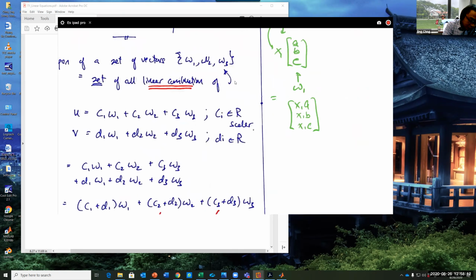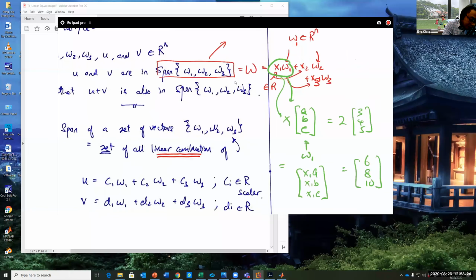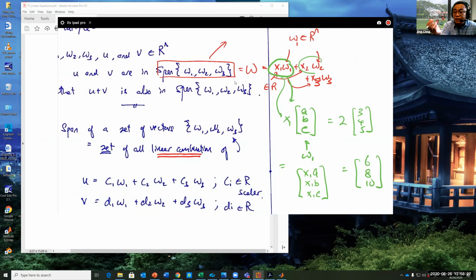If x1 is 2 and ABC is 3, 4, 5, then of course the answer is 6, 8, 10. So that's the idea. Every time we multiply a scalar with a vector, all the elements are scaled. That's all. And we can add all these up. Okay, fine. So at the end, we also get a vector. Here, 3 elements. But how many different elements can I put in W? An infinite amount of them, spanned by W1, W2, and W3. Some linear combinations of it.